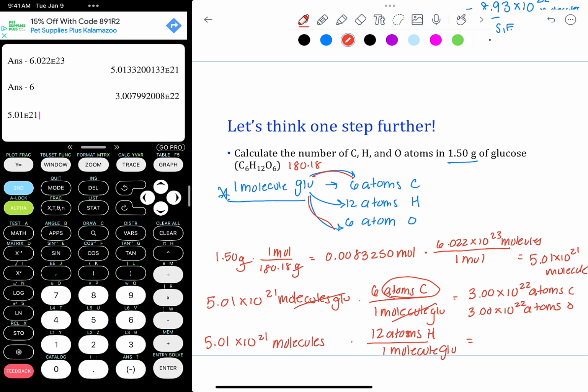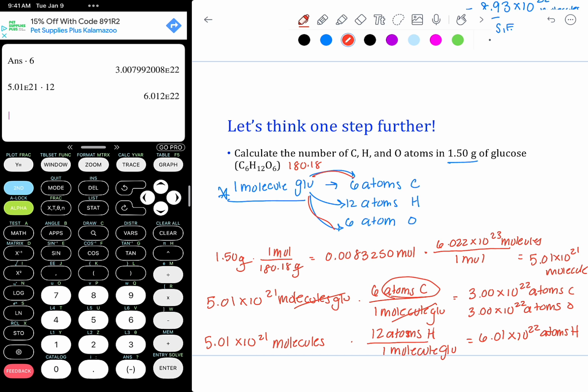We multiply that by 12 to get that there are 6.01 times 10 to the 22 atoms of hydrogen in our sample of glucose.